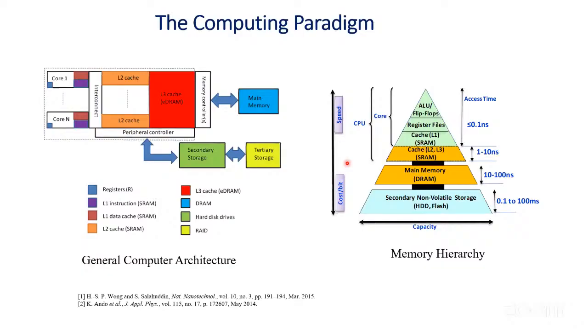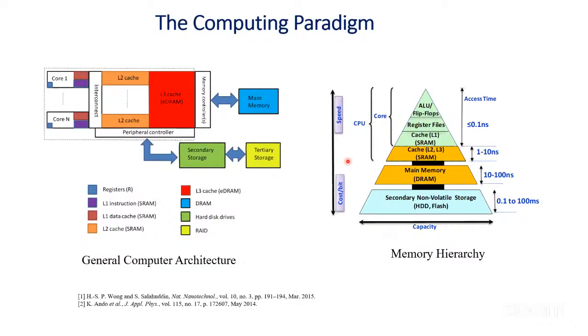SRAM is very costly, and DRAM has a cost in between secondary memory and SRAM. So memory hierarchy is made up of some fast and some slow memories. The fast memories are also costly, and the slow memories are less costly.